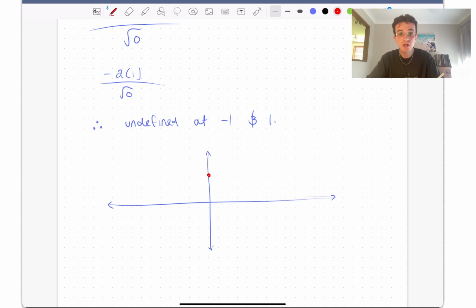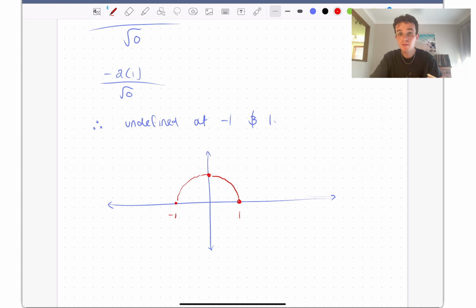So the maximum turning point here, and it also has endpoints at 1 and minus 1. Now, if it has a maximum turning point, the graph has to go up here, and then it has to turn around and come down here. Now when we made it equal to 0, there were no other turning points. So this is actually our graph here.